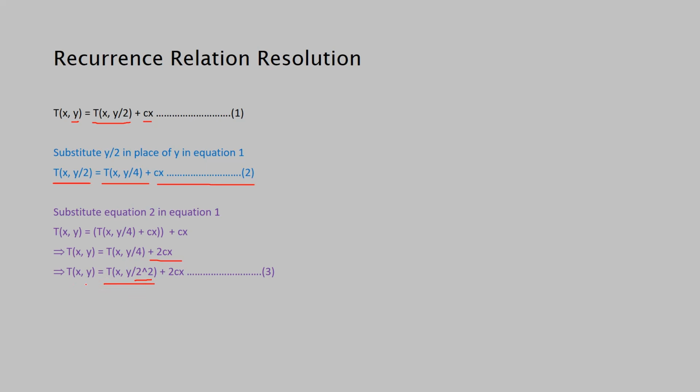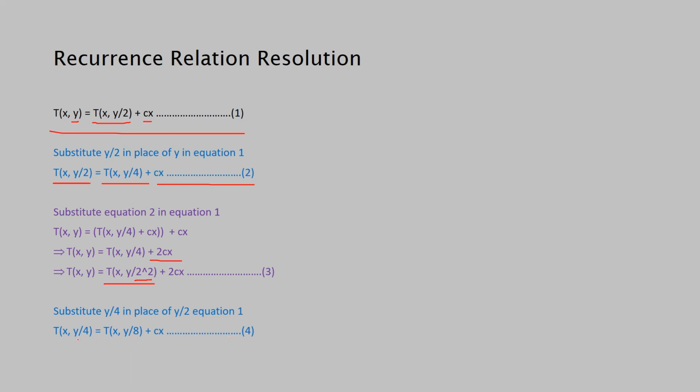So now we have to find T of x, y by 2 raised to the power of 2, the time taken for x and y divided by 2 raised to the power of 2. If you substitute y by 4 in place of y by 2 in equation number 1, what we will find is that the time taken for x and y by 4 is equal to the time taken by x and y by 8 plus cx.